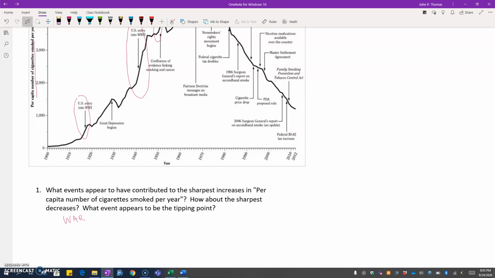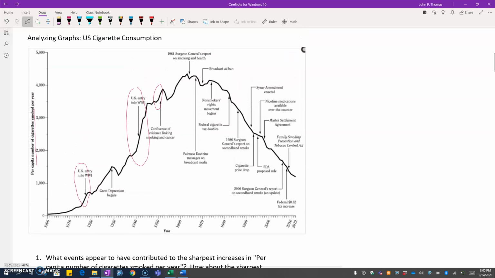As we look through, as far as sharpest decreases, it looks like we have a pretty sharp decrease through here. It looks like we've got a fairly sharp decrease there. And then right after this sharp increase, in this section, we had another pretty sharp decrease.